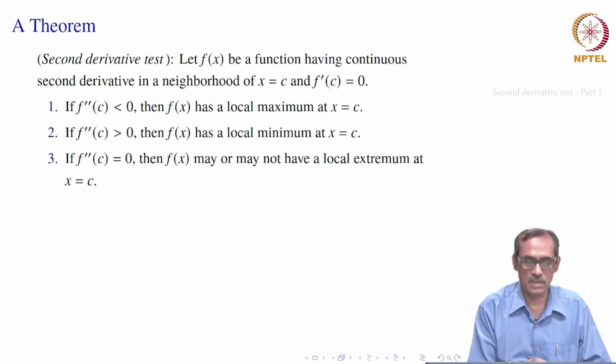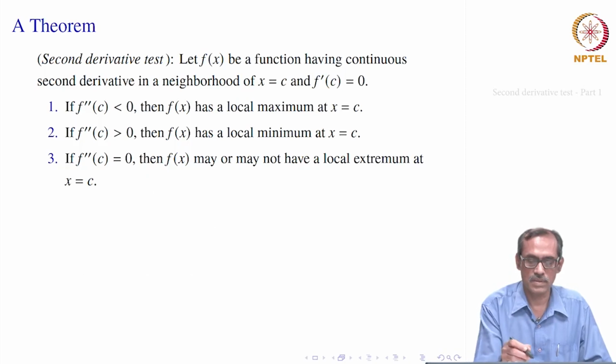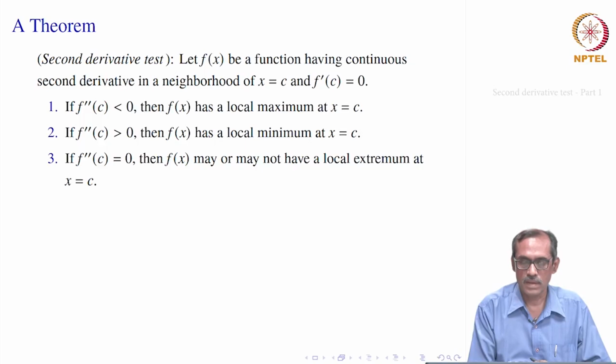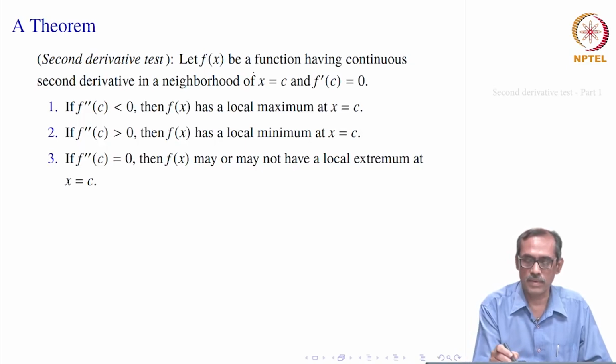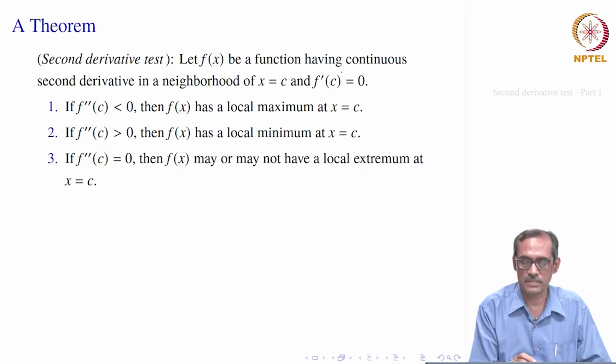This is the statement which we want to use. It is called the second derivative test. Suppose f of x is a function having a second derivative, and the second derivative is continuous at a critical point. We are taking only one type of critical point; since the second derivative exists throughout the domain, or at least in a neighborhood of that point c, f prime of c also exists.